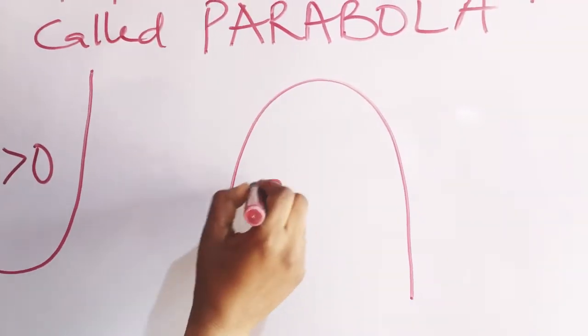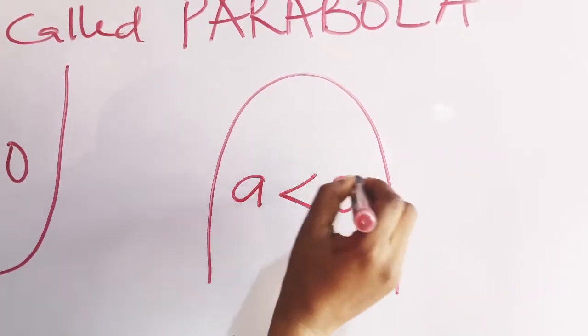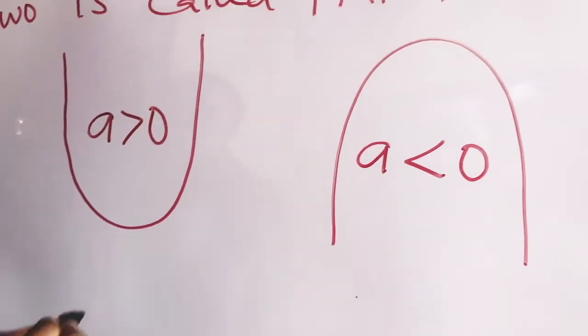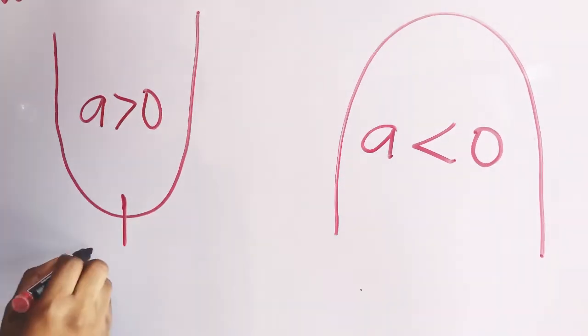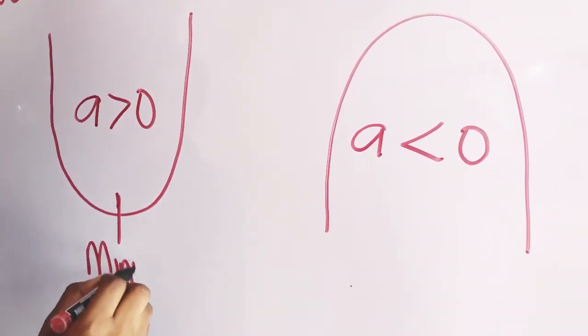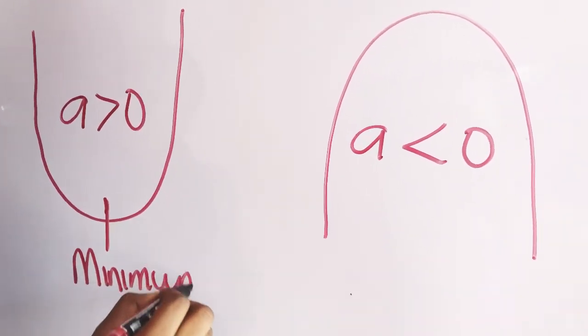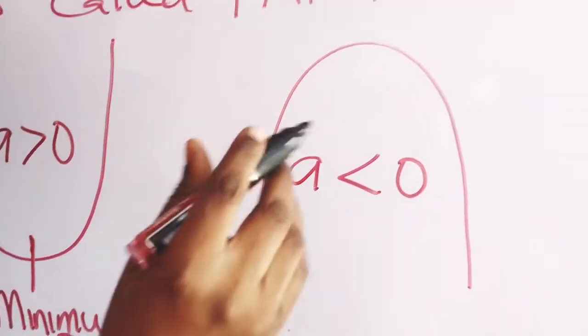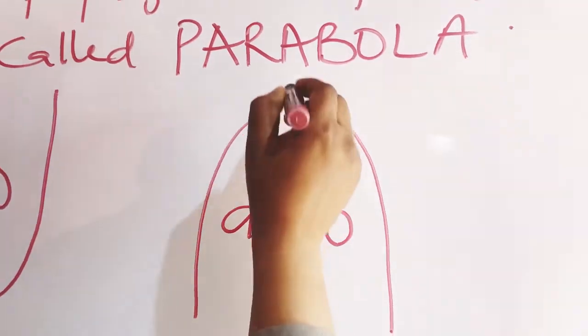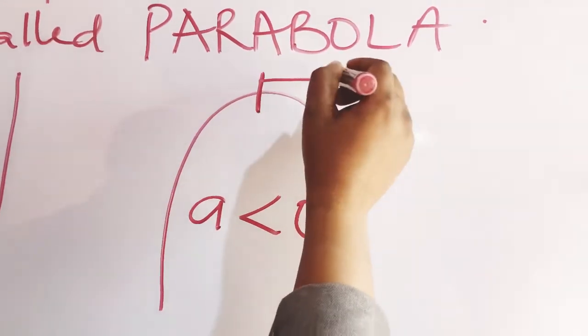When a is less than 0, it looks down. So the minimum point occurs when a is greater than 0. So here is the minimum point. And when a is less than 0, a maximum point occurs.